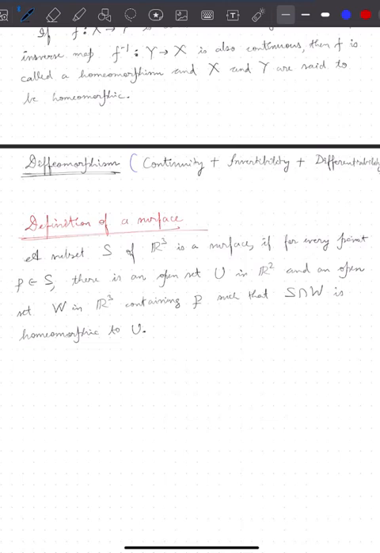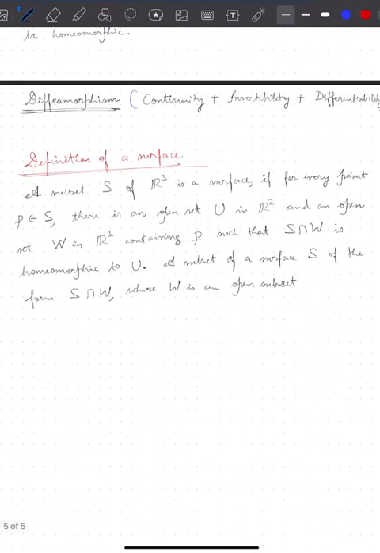Now, a subset of a surface S of the form S intersection with W, where W is an open subset of R3, is called an open subset of S. Right?